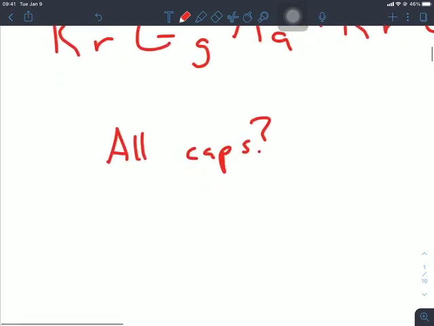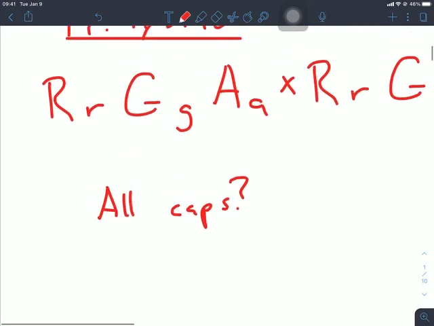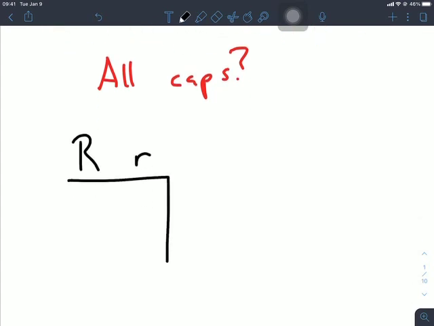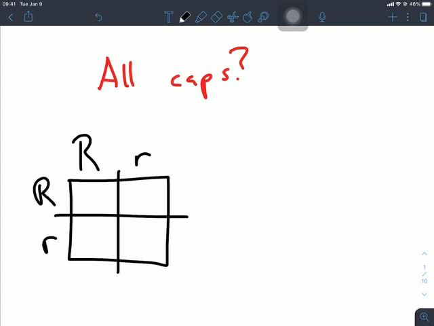Well, we can do kind of a subsample of this to illustrate the process. Since we know that there is a rule of multiplication in between each of the frequencies of these loci, we can take the Punnett square for our R locus, and draw that out. Let's go ahead and fill this in.